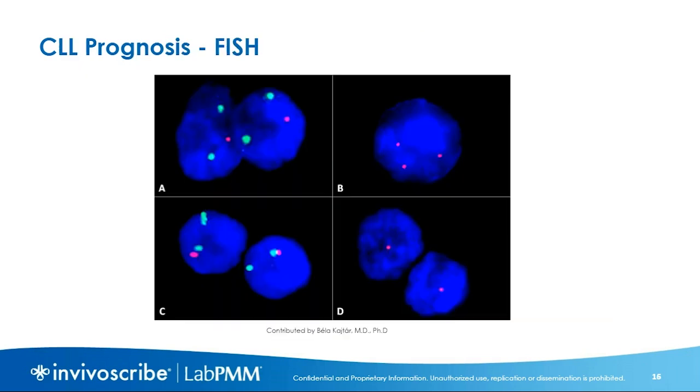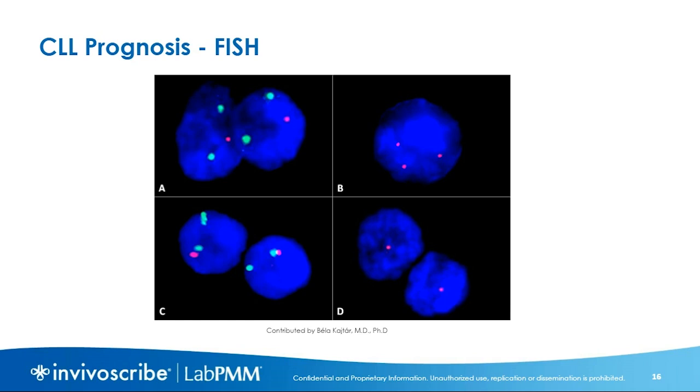So moving on, this panel shows the various cytogenetic abnormalities that can be detected by FISH applied in the prognostic evaluation of CLL. Image A at the upper left shows 2 green signals of a centromere probe of chromosome 17 and 1 red signal of TP53, compatible with a p53 deletion.